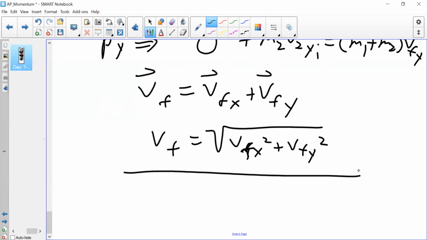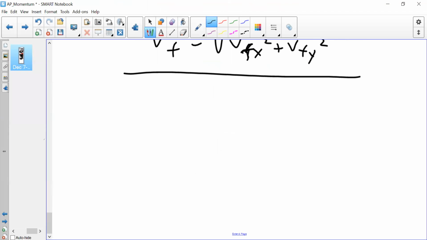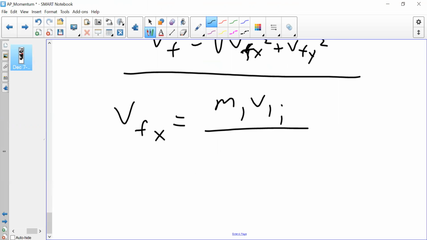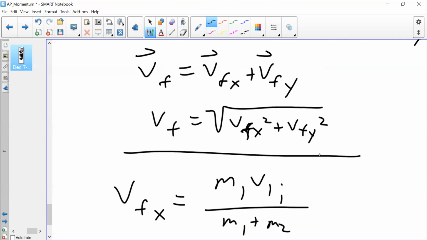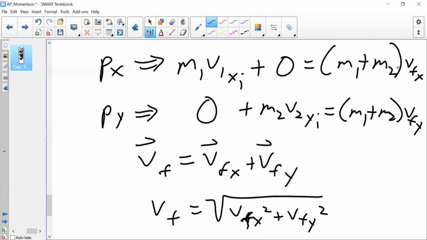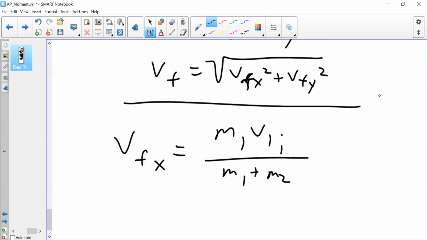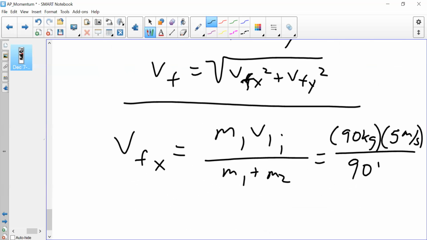So I'm going to take the first look at the PX equation and solve for VFX. Solving for VFX, I just divide both sides by M1 plus M2. Then mass 1 is 90 kilograms and 5 meters per second, over 90 plus 95, which is 185.